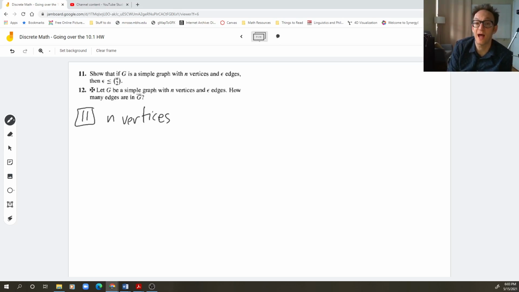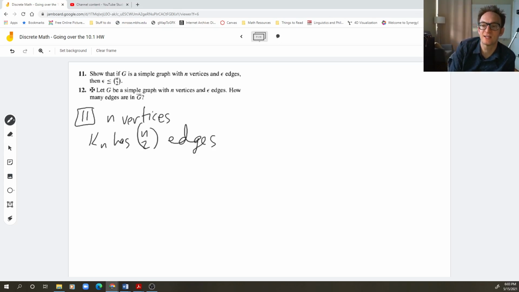The simple graph with the most possible number of edges would be just K_n, and K_n has n choose 2 edges. So the complete graph with n vertices has n choose 2 edges, and every other graph is going to have that many or fewer. I think that's really all there is to say about that.